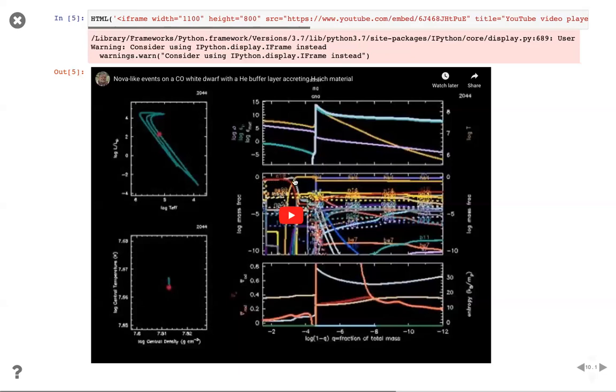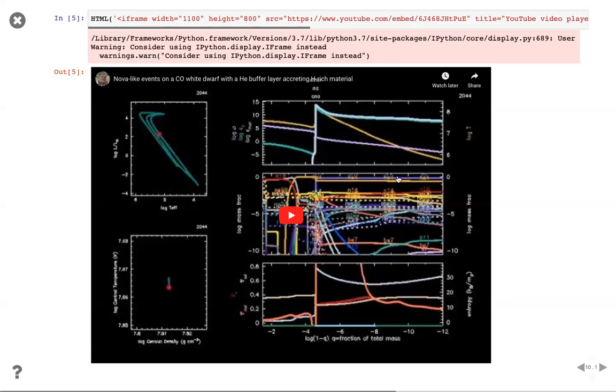But as I said, the difference with real novae is that on top of the carbon-oxygen white dwarf we have a helium buffer layer, which is shown here with yellow. Only above this helium buffer layer we have this blue line, which is accreted hydrogen.